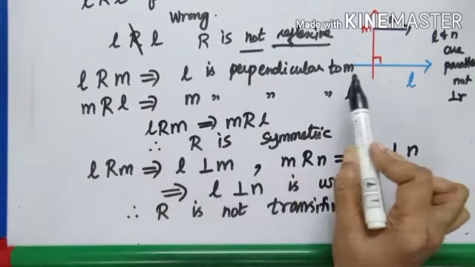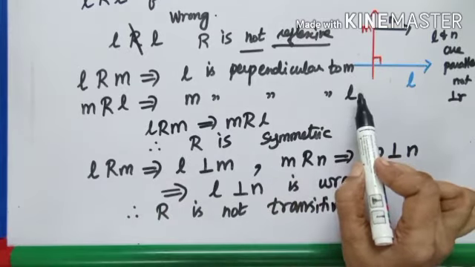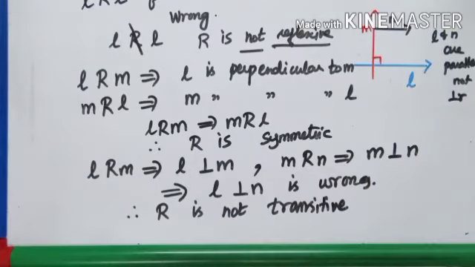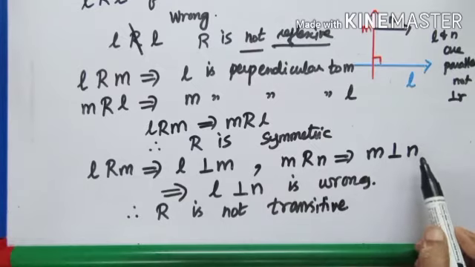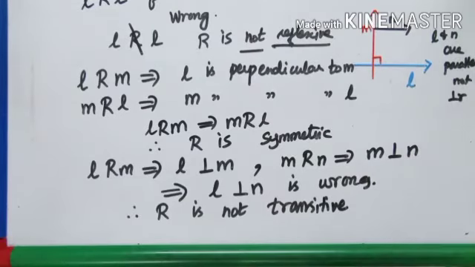If L is perpendicular to M, we understand M is perpendicular to L. So is perpendicular to, the relation is symmetric. If L is perpendicular to M and M is perpendicular to N, L is not perpendicular to N, it is only parallel. So R is not transitive. That is the answer.